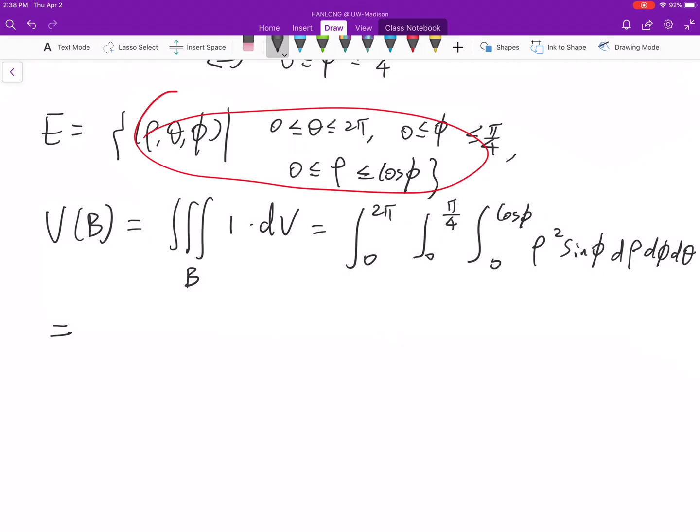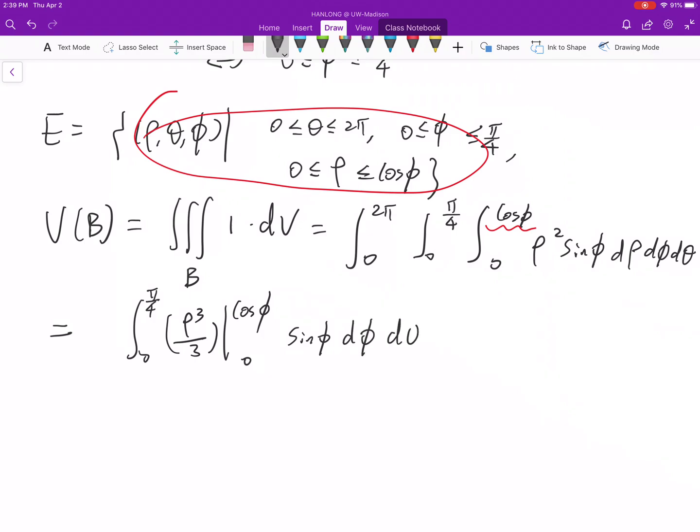First we integrate in rho. Here, the upper limit of the rho integral depends on the variable phi. Therefore, in the first step, you have this sine phi d phi d theta. Then you have cosine cubed phi over 3 times sine phi d phi d theta.